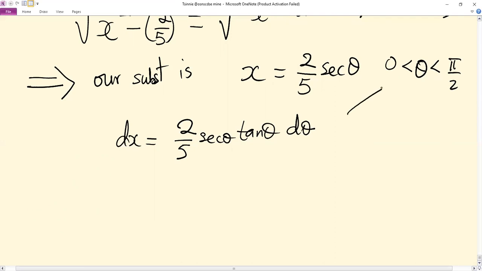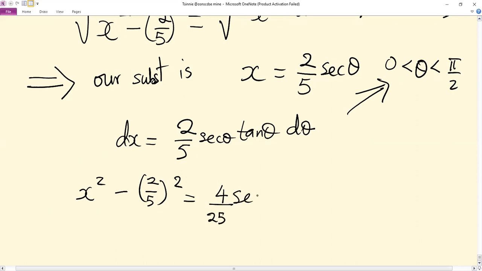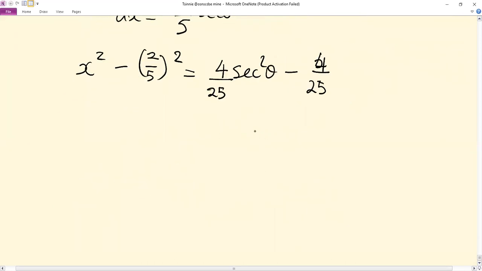And when you say x squared minus 2 over 5 squared, it's the same thing as saying 4 over 25 sec squared theta minus 4 over 25, which is 4 over 25 times sec squared theta minus 1.